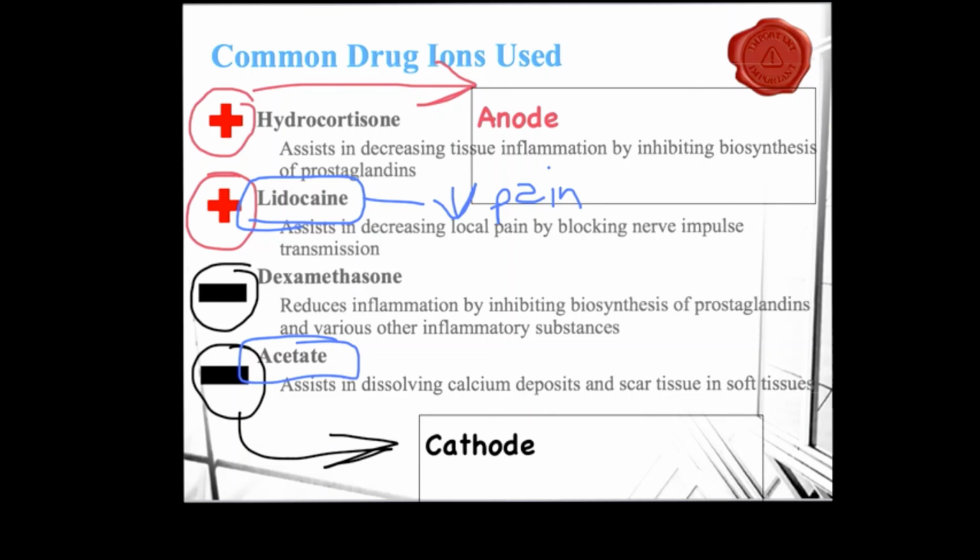It's going to dissolve calcium deposits. So if there is a calcium deposit, and you may think of some conditions that go with that, like myositis ossificans or calcific tendinitis, commonly over the bicipital tendon, proximally, long head bicipital tendon, that's a medication that may prove helpful.